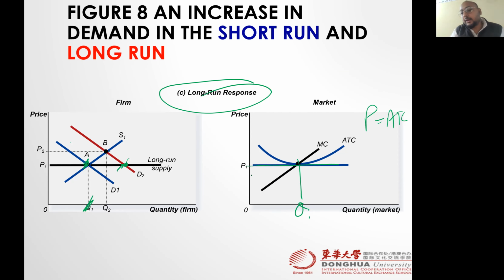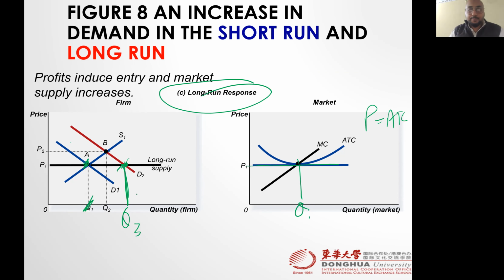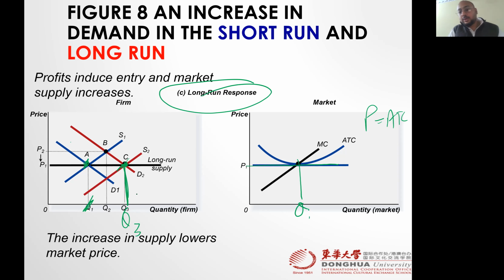The price decreases and what happened? We are now producing Q3. So that would be our new equilibrium.